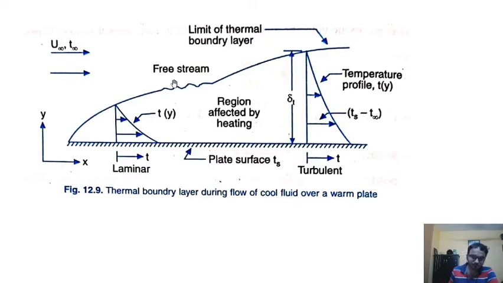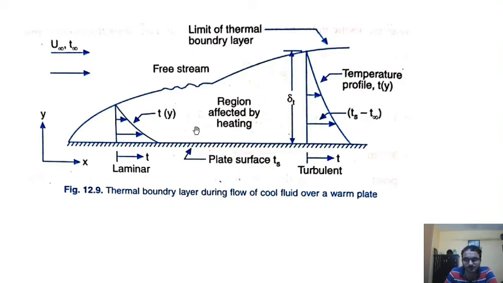Here we are having an assumption that the fluid is cold and the plate is at higher temperature. So obviously Ts is greater than T infinity. The next thing that we need to take care of is that the overall region below this thermal boundary layer is the region which is affected by heating.